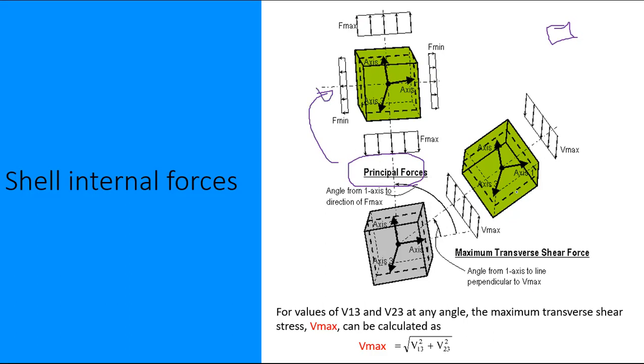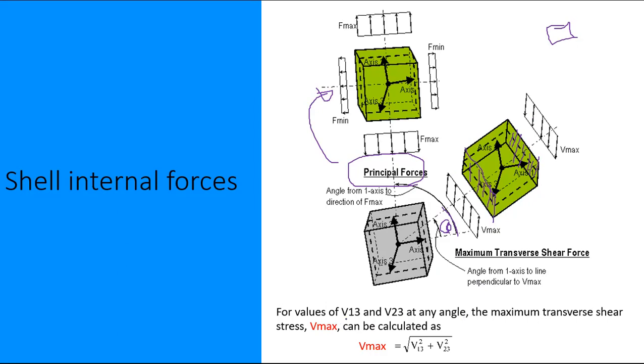There will be some other angle where you need to rotate, and you will find the maximum shear, Vmax, along this face, the maximum transverse shear. Vmax can be calculated at any angle.